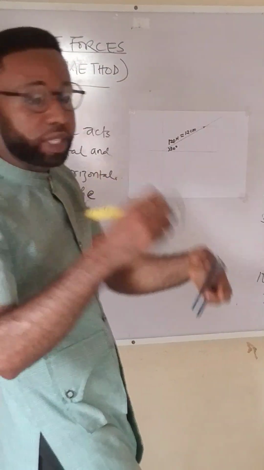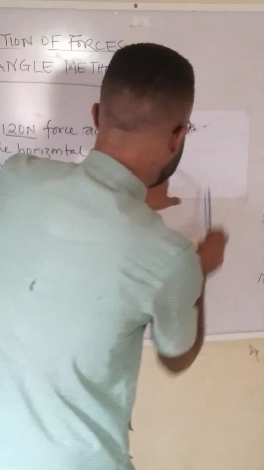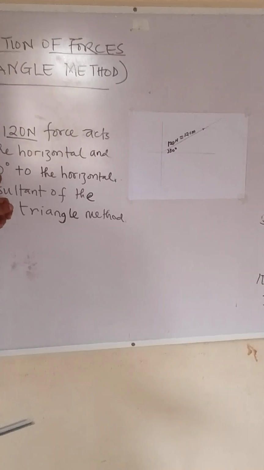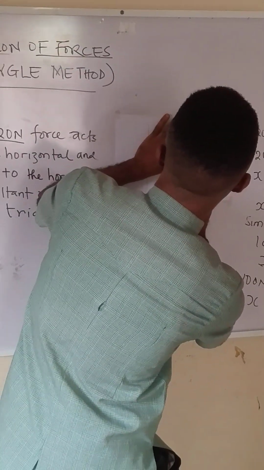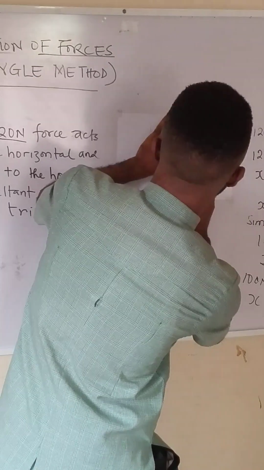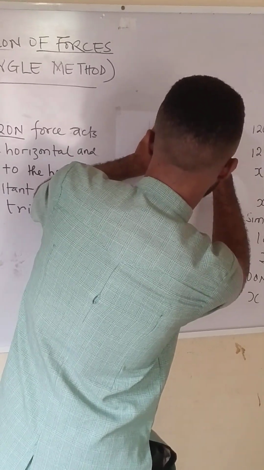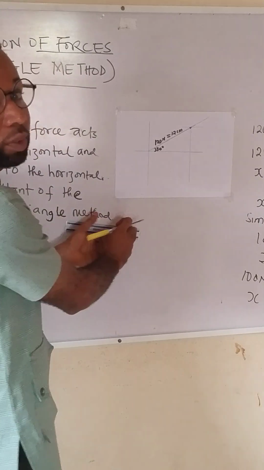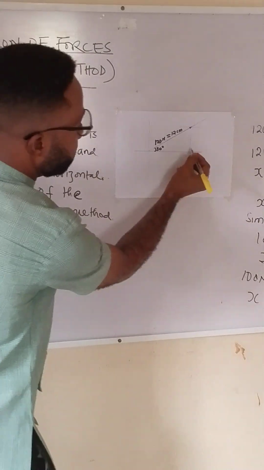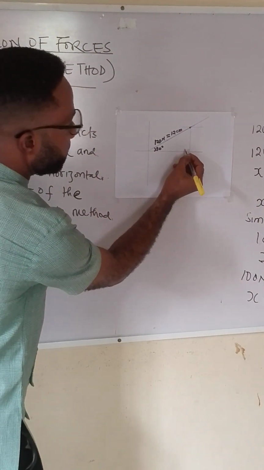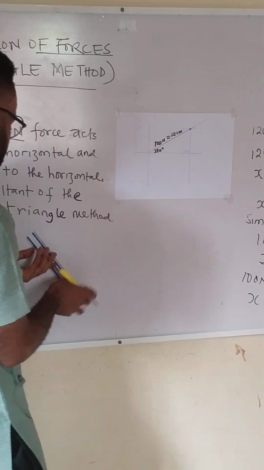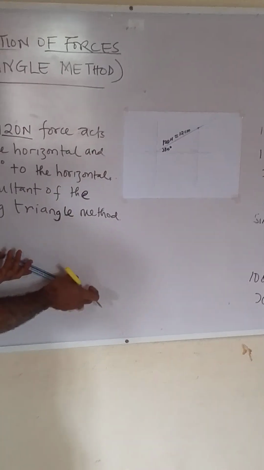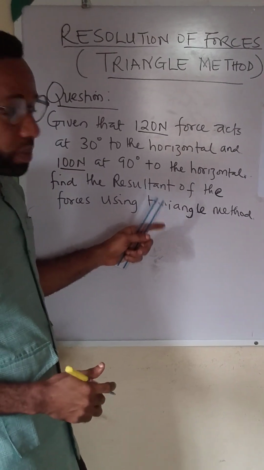So we can now draw it down to meet the horizontal line at 90 degrees for the 100 Newton force. So from the question, the 100 Newton force is at 90 degrees to the horizontal.